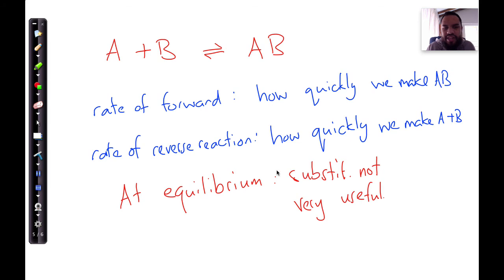We will look at a number of properties of equilibrium, but for now we just need to understand that equilibrium occurs in a closed system, number one, and it happens when the rate of the forward reaction equals the rate of the reverse reaction. So I'm just going to clear this quickly.